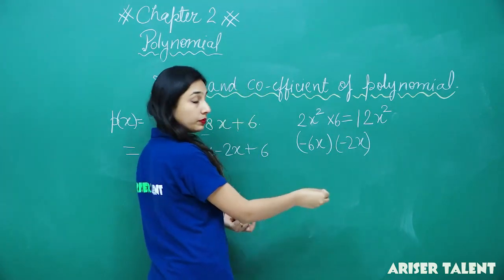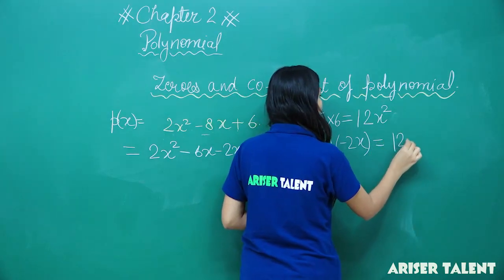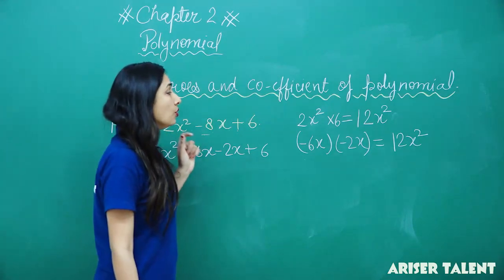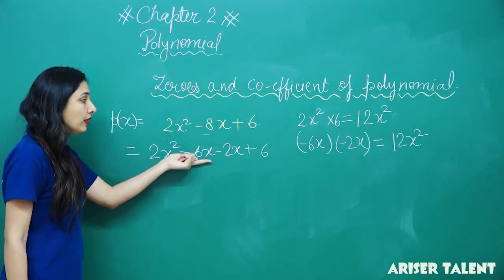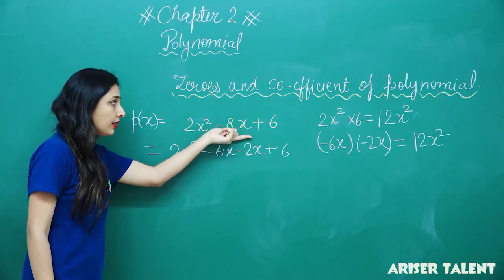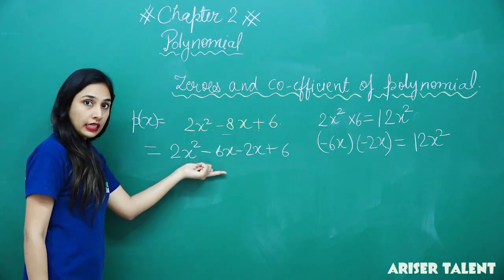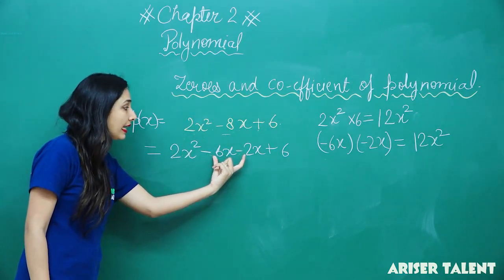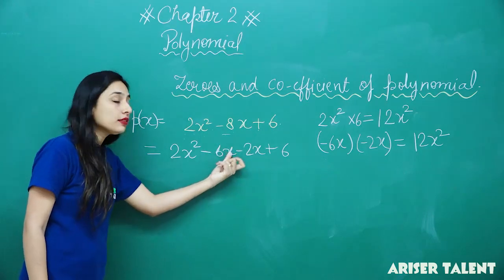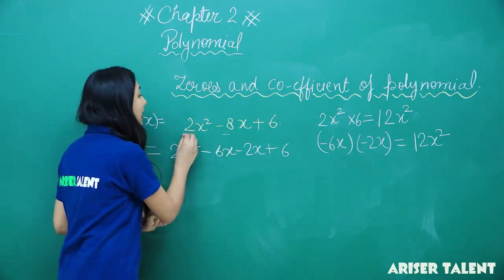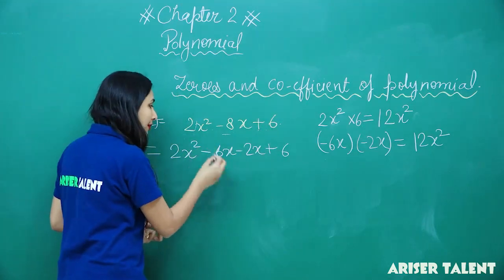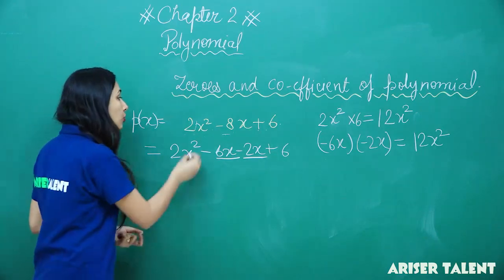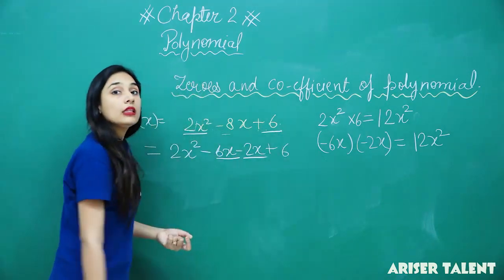What are you getting now? Again, that will be plus 12x square. So, you will divide this number in such a way that the multiplication of these terms will be equal to the multiplication of these two terms.